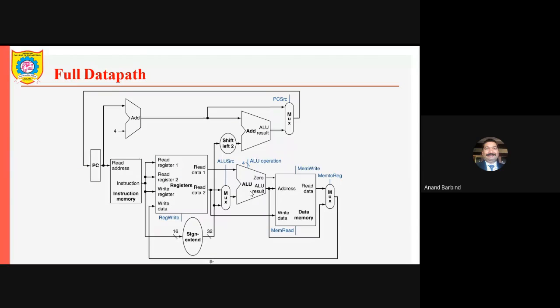So this is the complete data path for the MIPS processor. You must remember this data path: which units are there, how the data path is between these elements, and how instructions are executed.